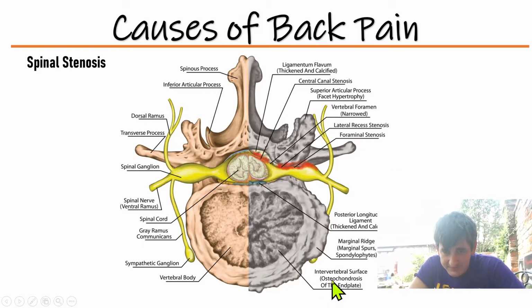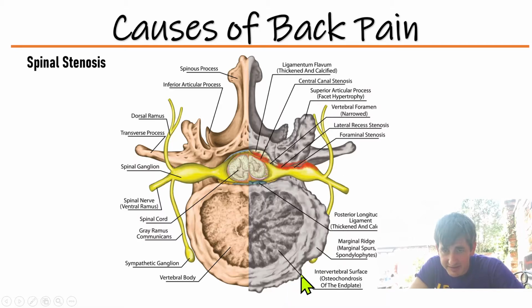Okay, you have your osteophytes here, osteochondrosis on the intervertebral surface, the end plate, and you can just see these bony projections coming off of here. And maybe actually they're up here and not down here. Because this says, no, it has to be these.